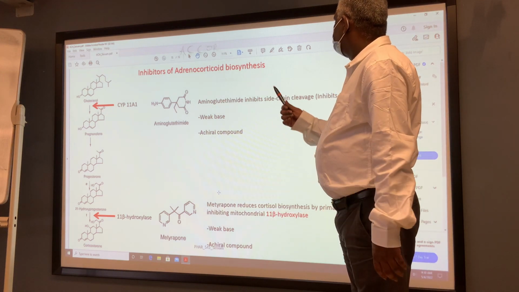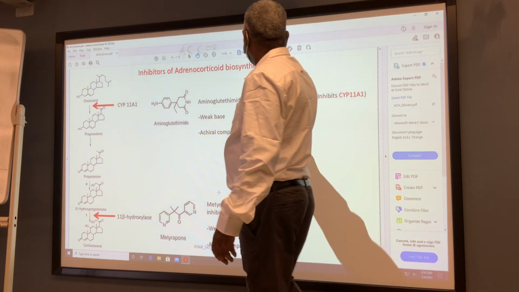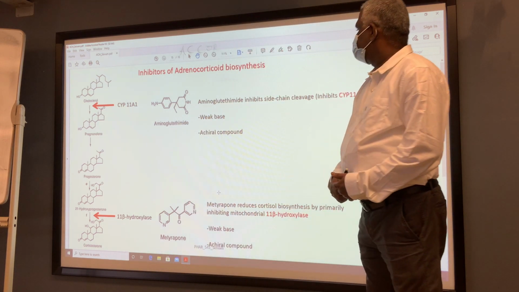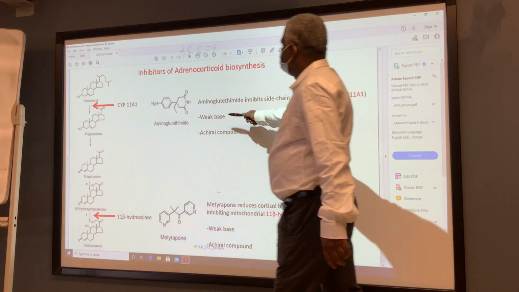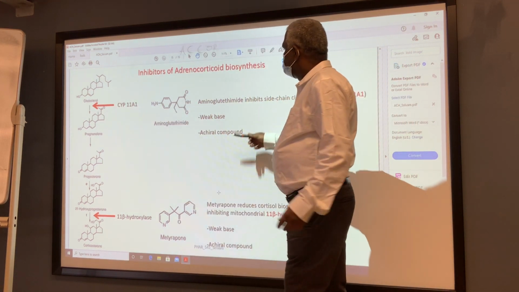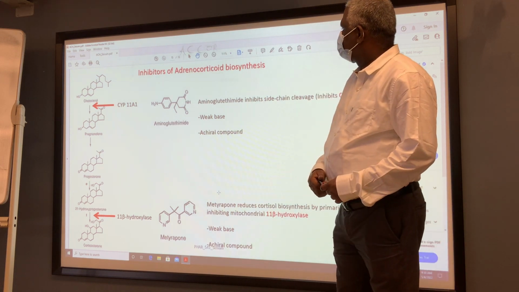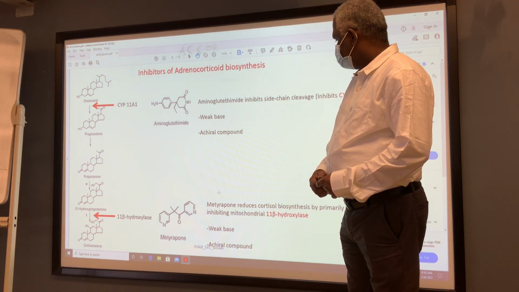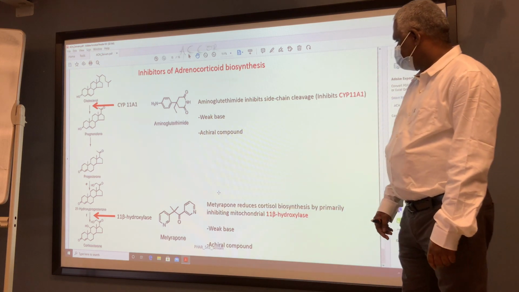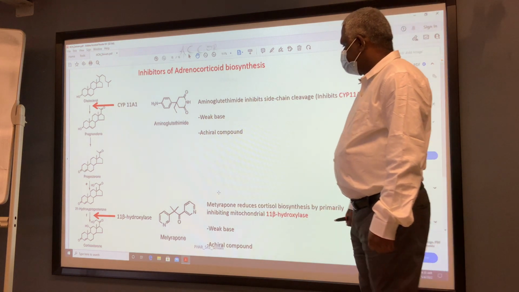The first compound is aminoglutethimide. It inhibits cytochrome 11A1, and chemically is a weak base. There is a primary amine, a weak base, and there is no chiral center in the molecule. It's an achiral compound. Whereas this one inhibits the 11 beta hydroxylase, and chemically is a weak base.